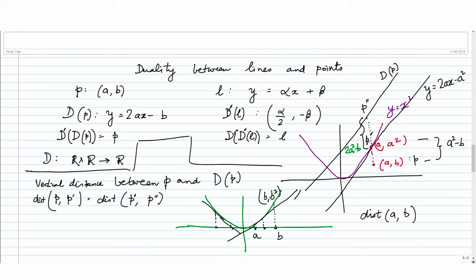So, this line let us call it L, okay, and the distance between, the vertical distance, between this point, that is the projected point B comma B square and L. These are actually related by a square. You can just do the computation. Okay. So, I had it done.